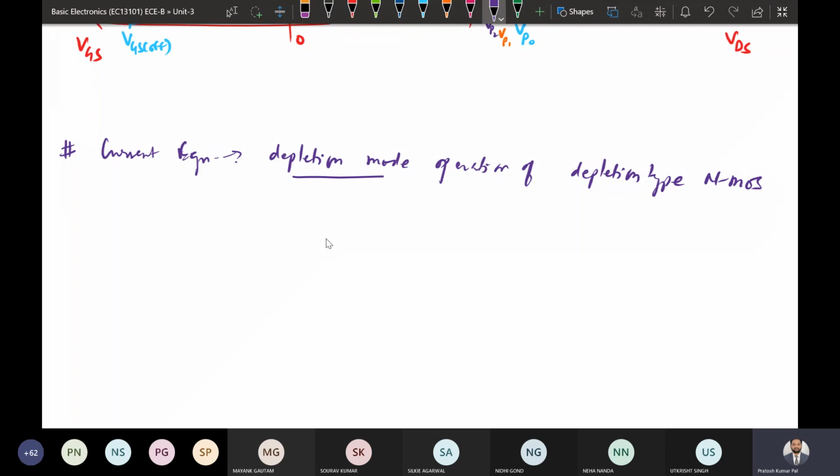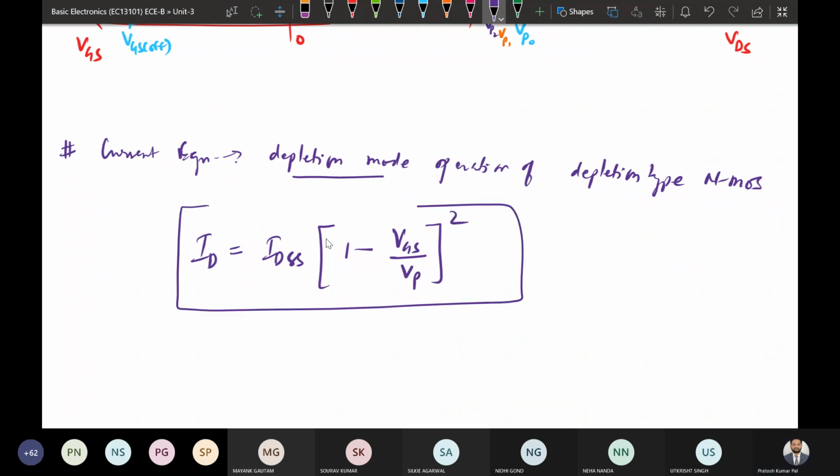When the depletion type N channel MOSFET is operating in depletion mode, the current equation is given by ID equals IDSS times (1 minus VGS by VP) to the power 2. This is only in case of depletion mode.